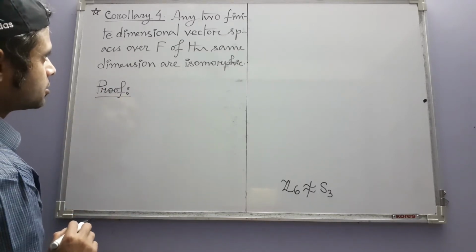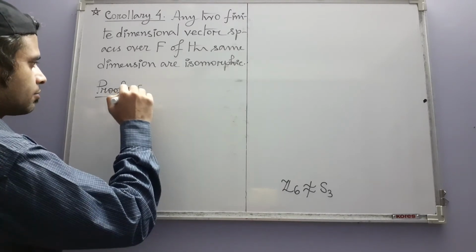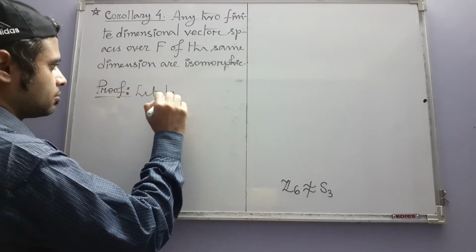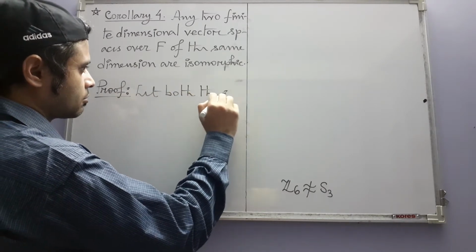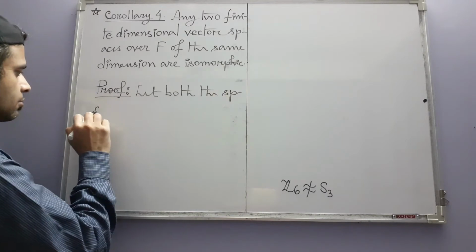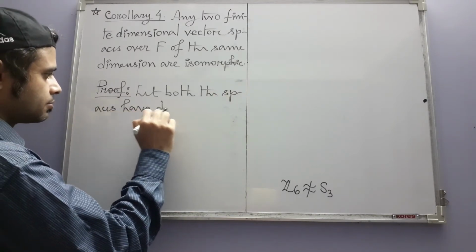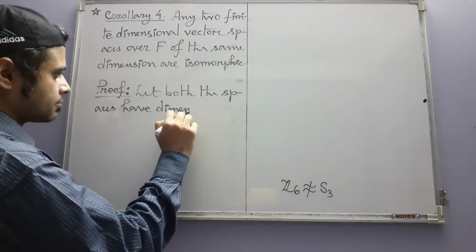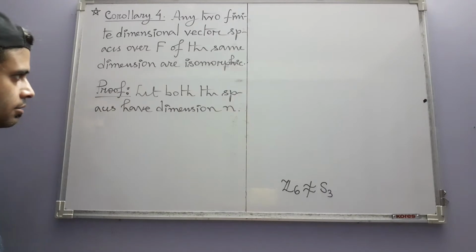The dimension is not given, okay, we will assume it to be n. Let both the spaces have dimension n.